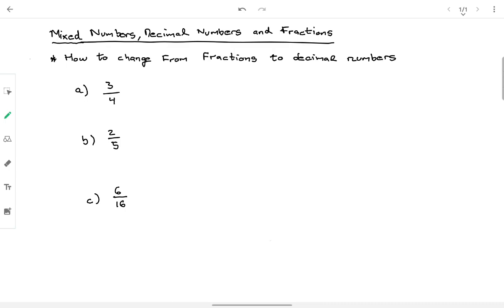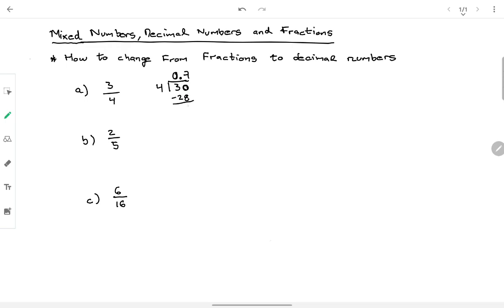So the first example we are going to see is 3/4. To make 3/4 a decimal number, we need to make the division. So first, we can represent 3/4 as 3 divided by 4. That means this will have a 0 because it's a proper fraction. We need to put a 0 here, and then 30 divided by 4, that means 7. 7 times 4 is 28.